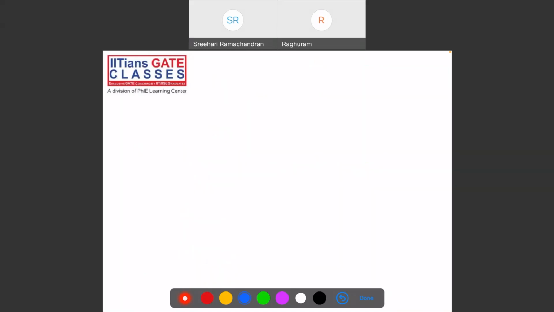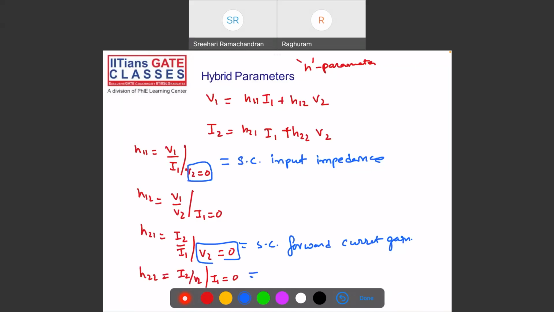And again, I1 0 is an open circuit. So with open circuit, this is the output admittance. This is also open circuit, what is this?